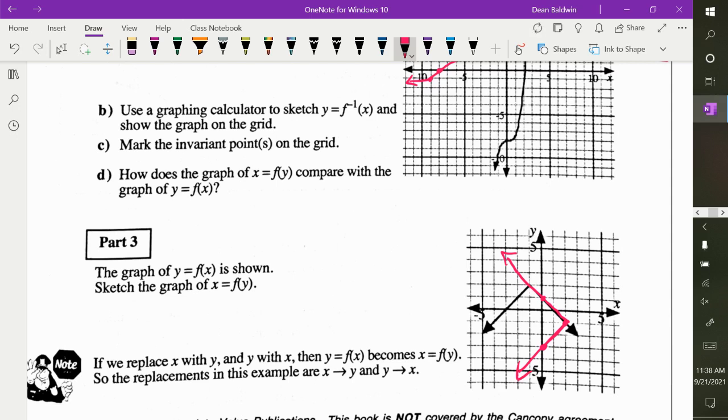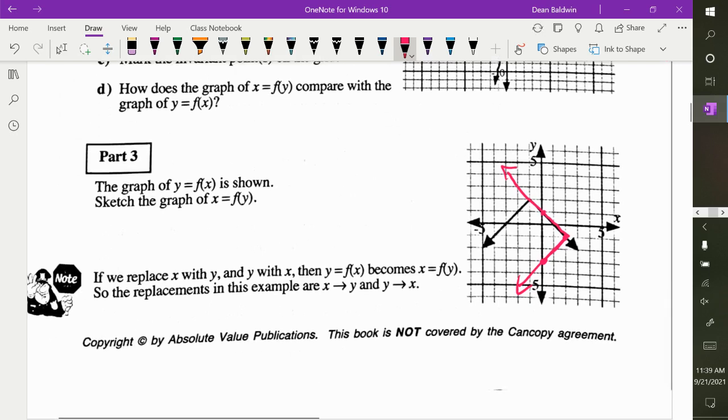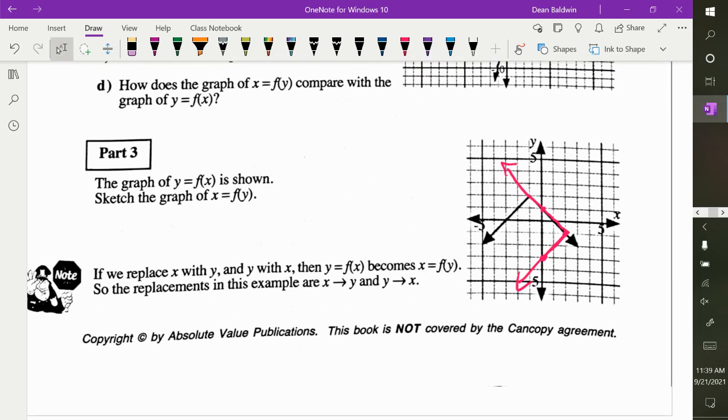Do we have it? Does it look like that? If you're not getting it right, pick points, write them down, switch them, and then graph it. Don't try to do it in your head if it's not working.